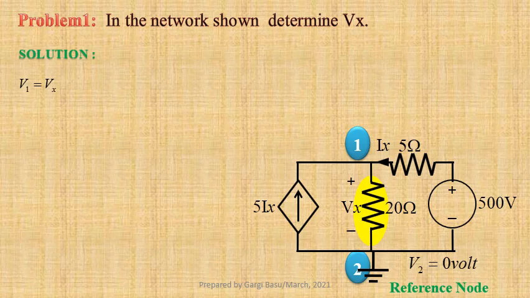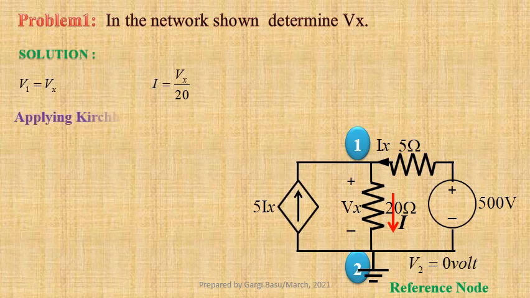Let the current flowing through 20 ohm resistor be I. Here I equals Vx by 20. At node 1, we observe that 5Ix and Ix currents are entering the node, whereas I current leaves the node.